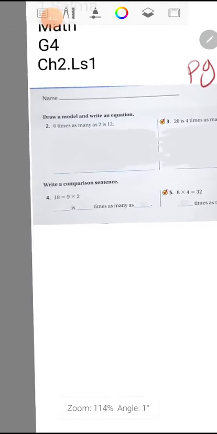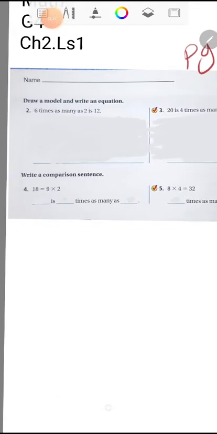Let's start with exercise number 2. 6 times as many as 2 is 12. I told you times as means multiply and is means equal. So let's write the equation first. 6 times as many as 2 means 6 multiplied by 2, is means equals 12. So this is the equation.